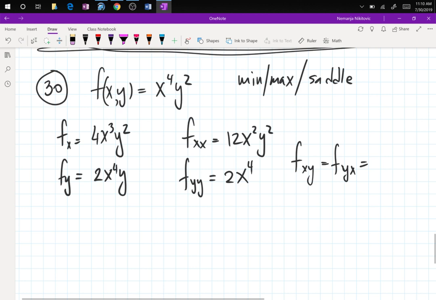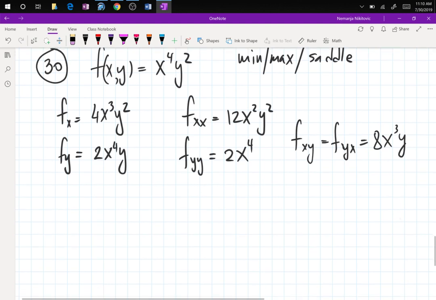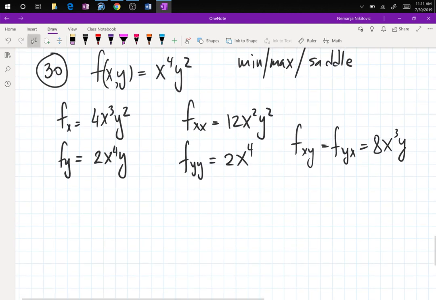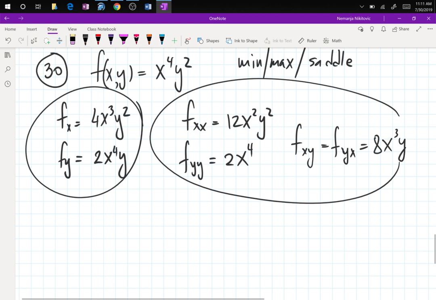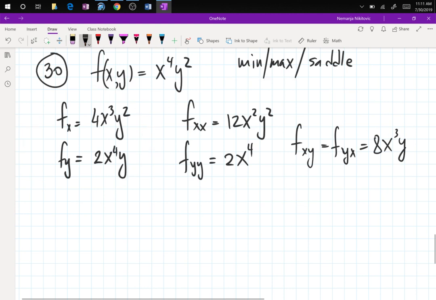I have this one in respect to x. So it's going to be 8x cubed y. Okay, let's check now this one in respect to y, 8x cubed y. Good. So either way, they're good. Perfect. So we have our 5 derivatives. We have first derivatives here and the second derivatives on a pile for D there.